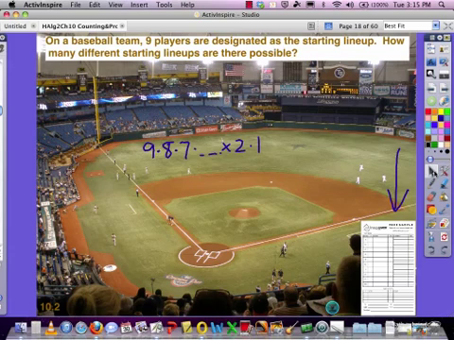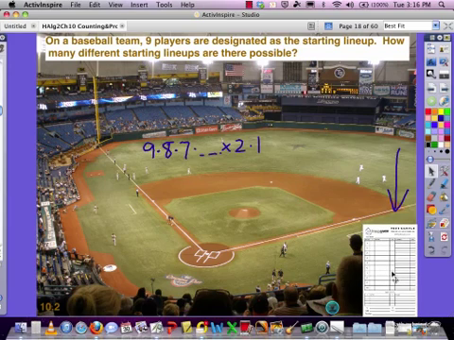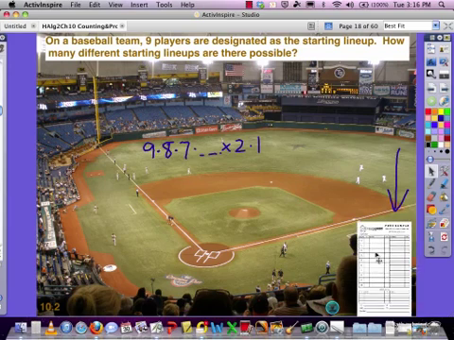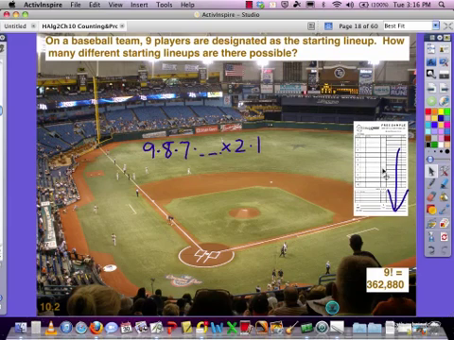So good job on the situation or the listing of it. And when you do your math, go ahead, either multiplying it out or using your factorial key. Did you get 362,880 total possible combinations? Wow, that's a lot of ways you can arrange 9 people in 9 slots.